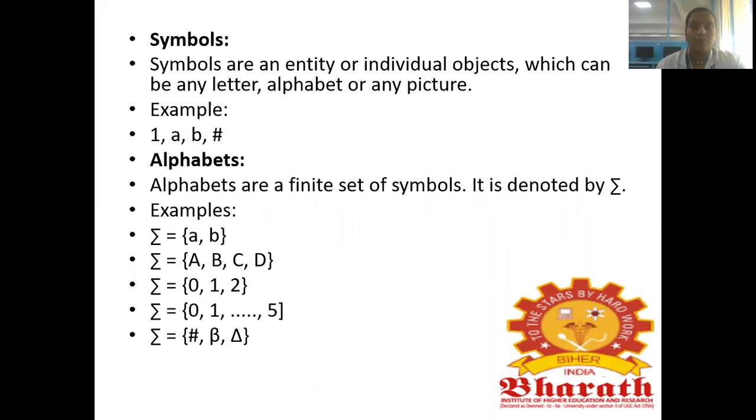For example, sigma equal to {a, b}, or sigma equal to {A, B, C, D}. These can be represented as alphabets. Special symbols and numbers can also be used in alphabets.